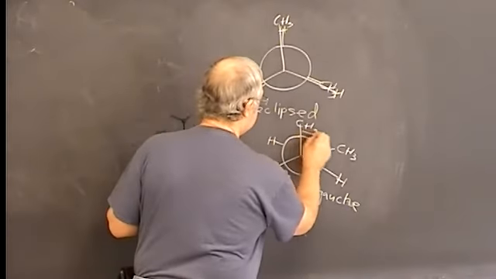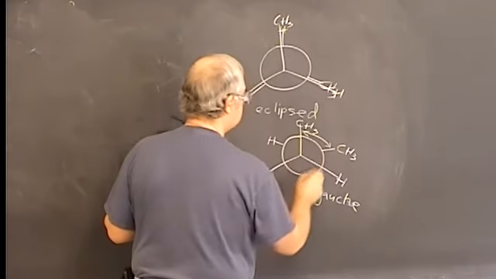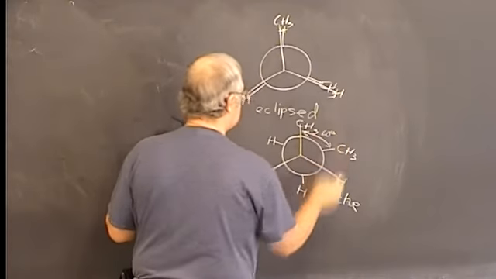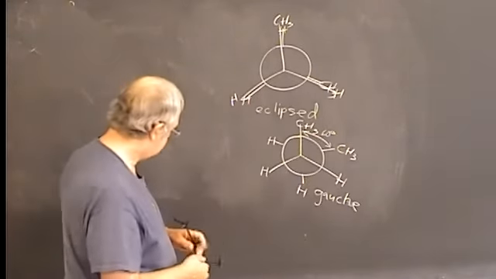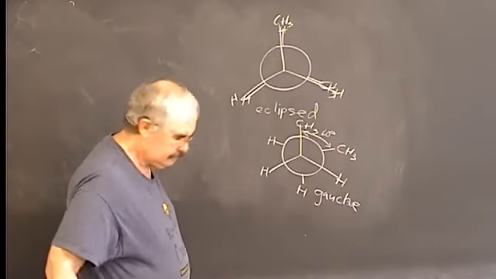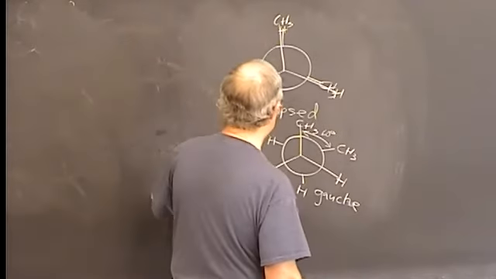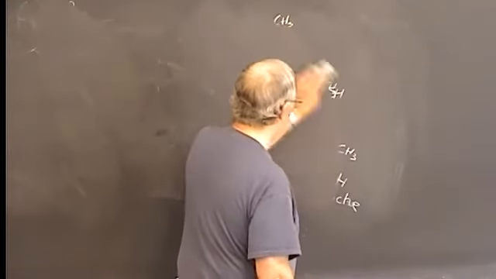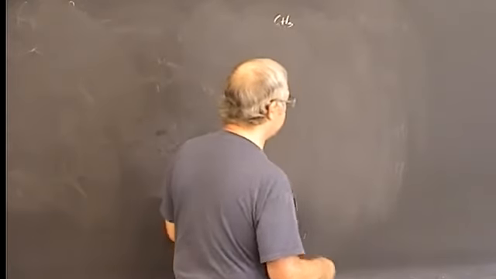Here the angle between these two methyls is 60 degrees. There are multiple gauche conformations.